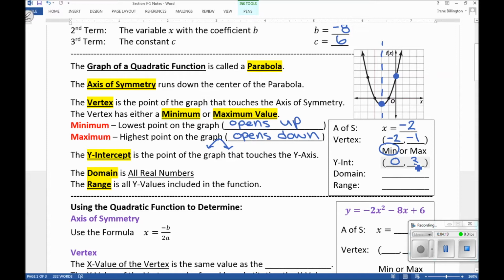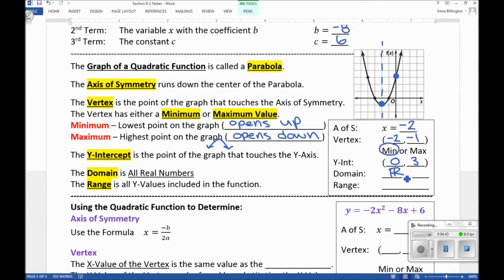The domain of our quadratic functions, similar to what we've done before, is going to be all real numbers. So we can fill that in our box over here on the right as well. Our range, remember range is y, so it's all the y values that are included. So if we look at our picture, what is the lowest y value? That's going to come from our vertex up here.